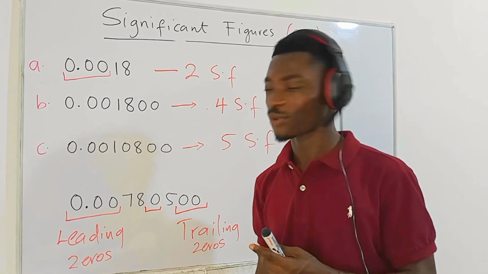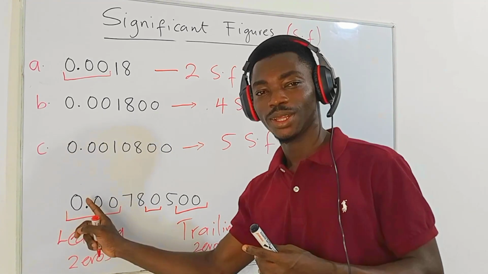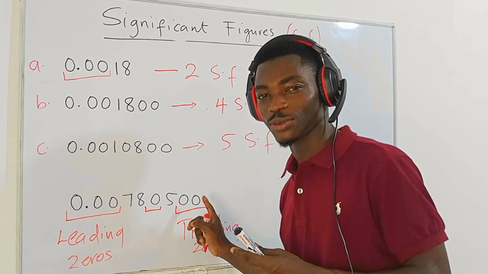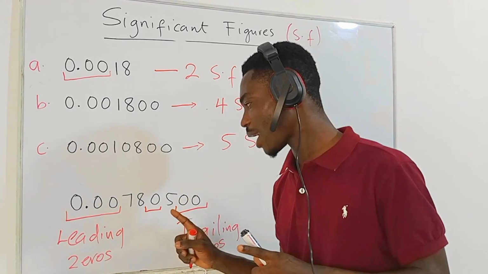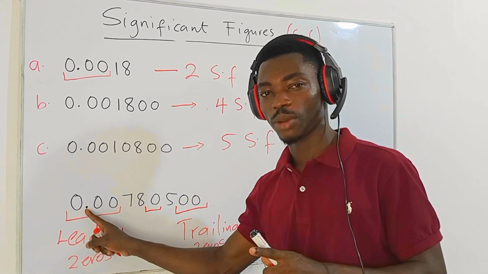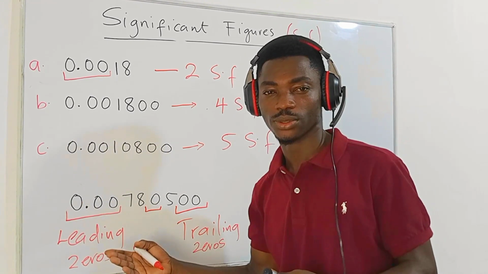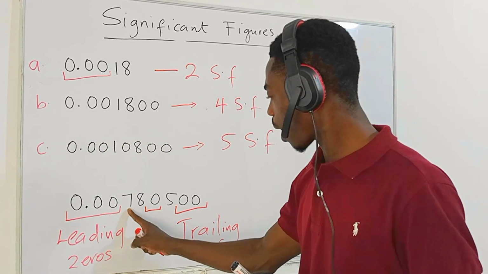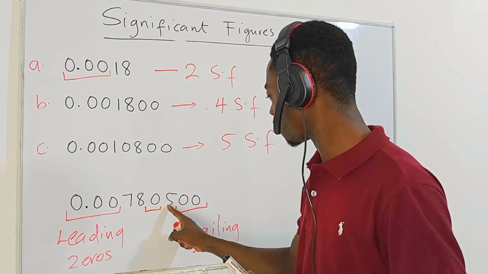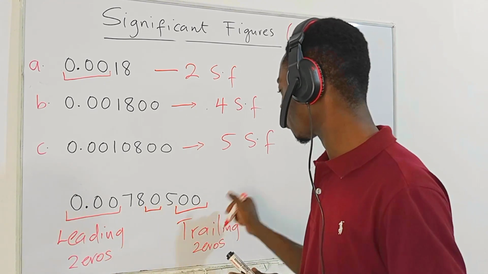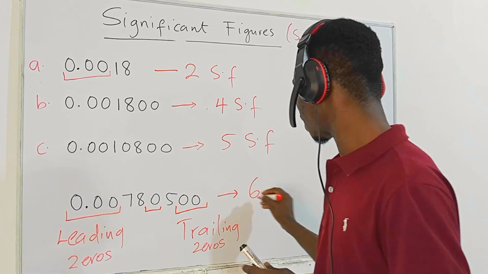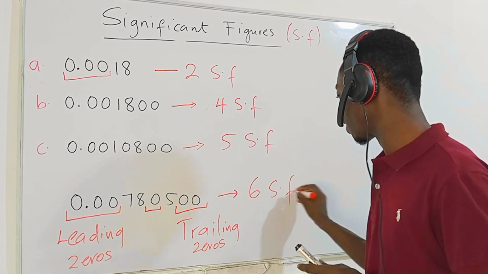And to do this, in fact, we have to start counting from the left to the right, starting from the non-zero number. Remember, even if there is a decimal point right here, these zeros are still leading zeros, of course. So we have 1, 2, 3, 4, 5, 6. So with this one, we have 6 significant figures.